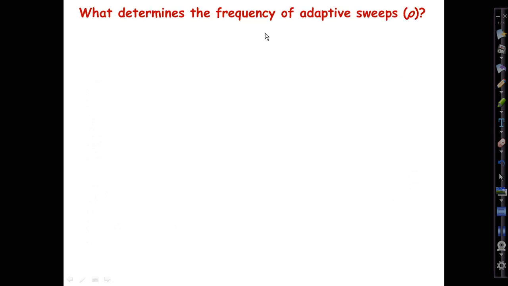So what determines the frequency of adaptive sweeps, which is really the key parameter driving this whole process? Gillespie gives it a symbol, lowercase Greek rho, so that looks like P, but actually it's rho, lowercase.